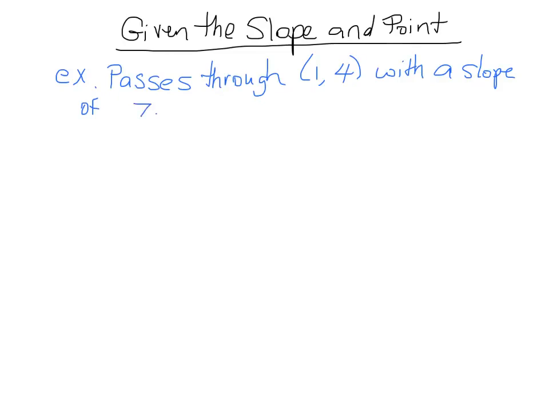And I want the equation in slope-intercept form. All right, well, we know the equation in general will look like this: y equals mx plus b. And we already spoke about the fact that the m represents the slope and the x and y are any point on the line.